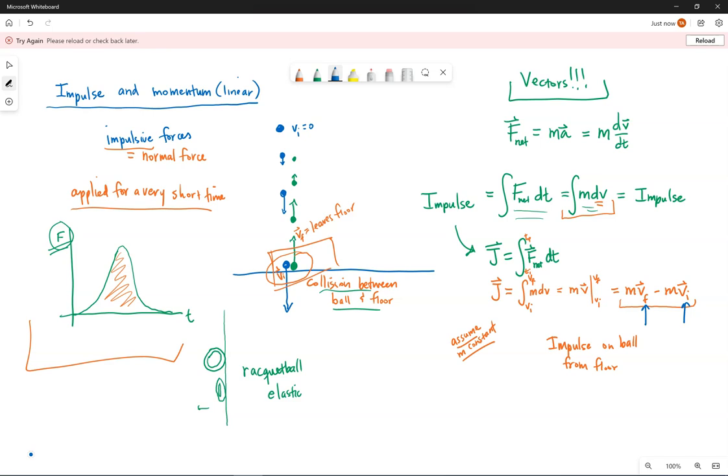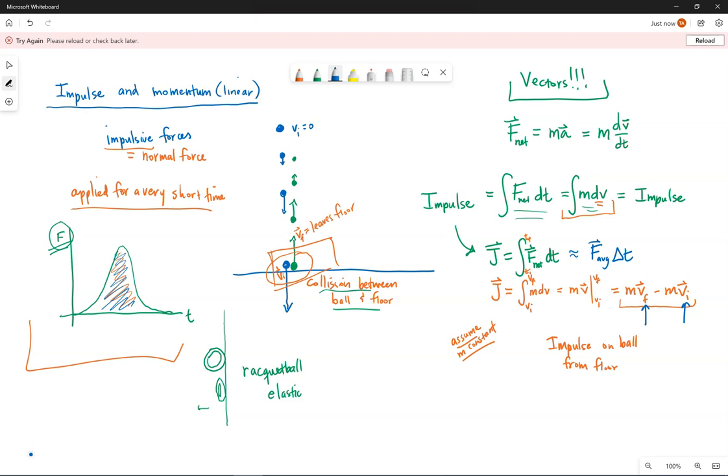And the other way to calculate it, well, we could go ahead and find the area under a curve if we had that graphed, or we can think in average terms. If we were to talk about the average force the floor applied and multiply that by the length of time the ball was in contact with the floor, that too would allow us to calculate impulse.